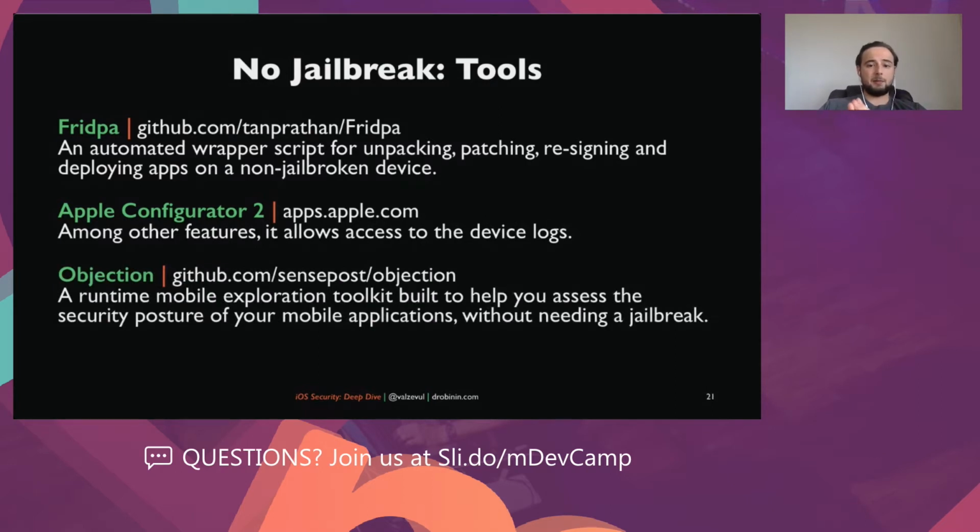The third one is Objection. It's a runtime exploration toolkit, built to help you assess the security posture of your mobile app, so you can test whether it's secure or not without needing a jailbreak. It supports both iOS and Android, allows you to interact with the container file system, bypass SSL pinning, and dump keychains. You can also do memory-related tasks: dump memory, patch memory, and even manipulate objects in the heap.